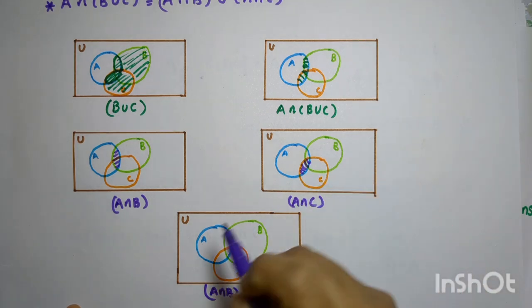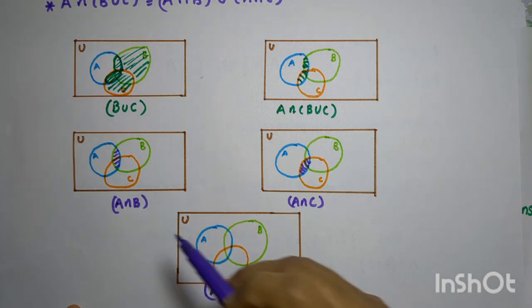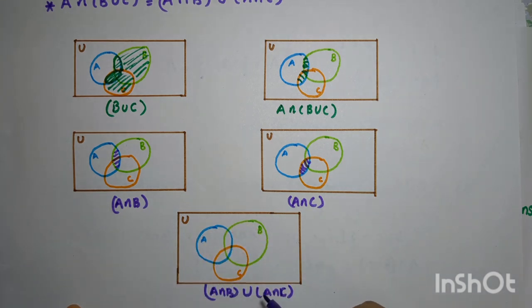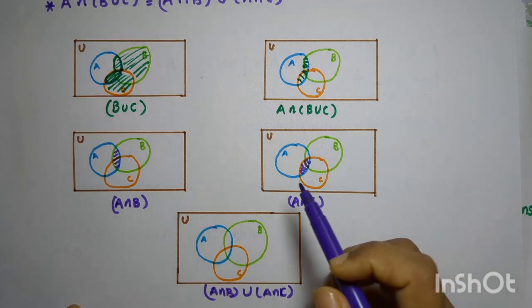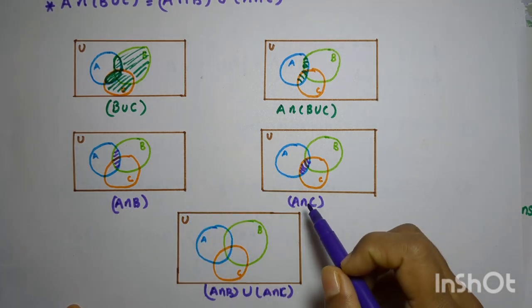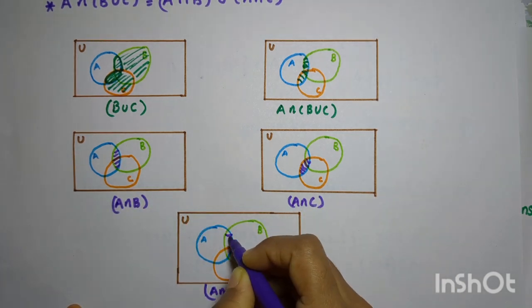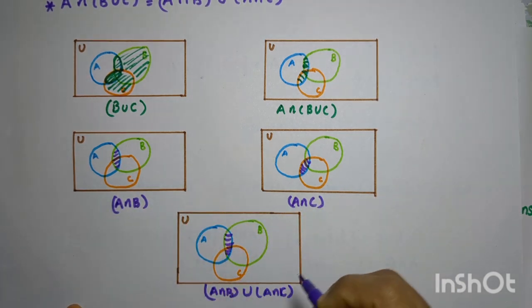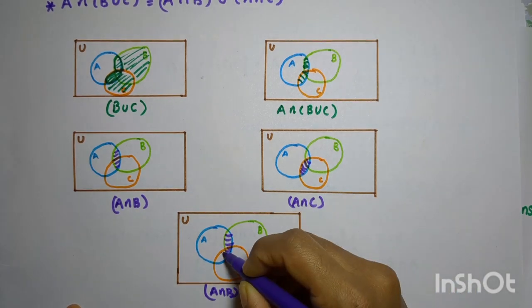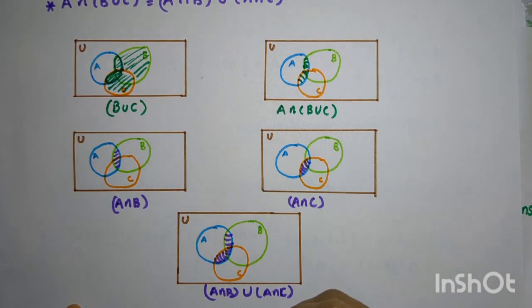While we consider the union, we take all the portions shared in A intersection B and A intersection C. When we consider (A intersection B) union (A intersection C), this looks like this.